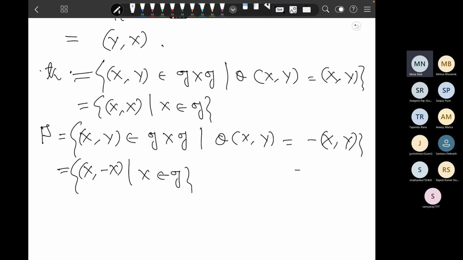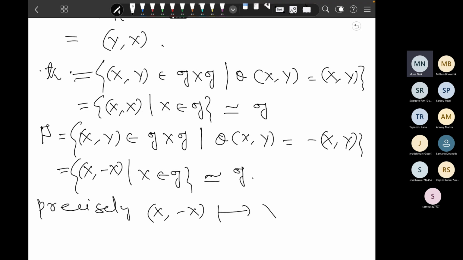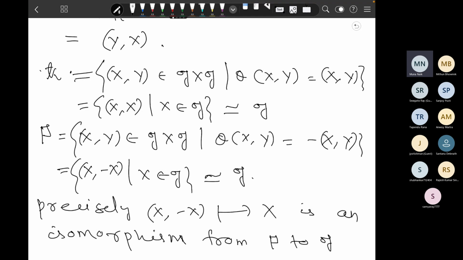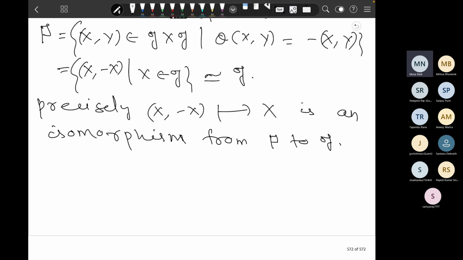So observe that you can identify k with G, and you can also identify this p with G. So precisely this map x, minus x going to x is an isomorphism from p to G. Okay. So this is an isomorphism from p to G.